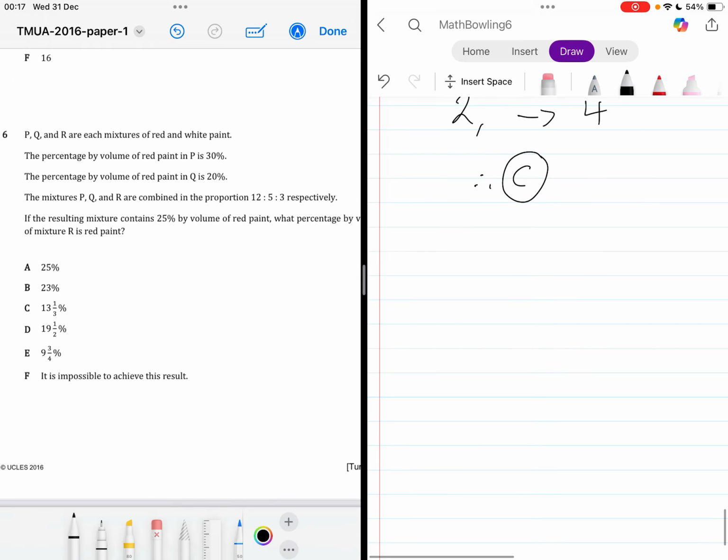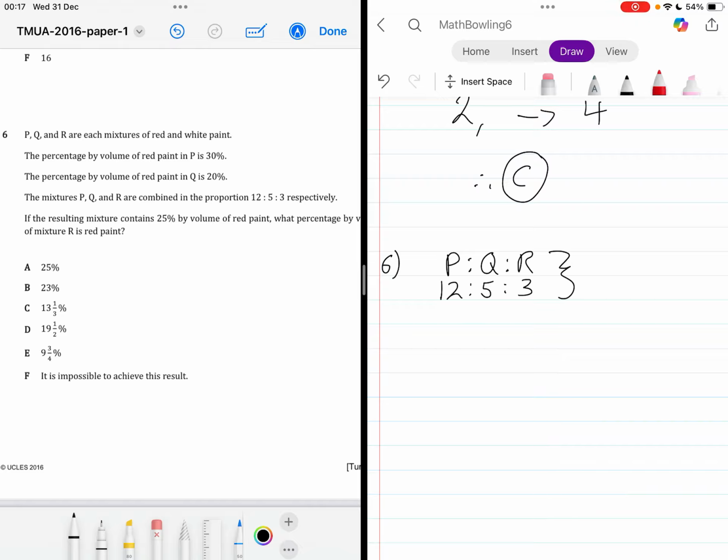Question 6 is quite a fun one, to be honest. I like ratio questions like this. So the first thing I'm going to do is write down the ratio in a format that makes it neater and easier, I suppose, well, for me at least. And then, this is the volume of the paint in full. Now I'm going to consider the volume of red paint.